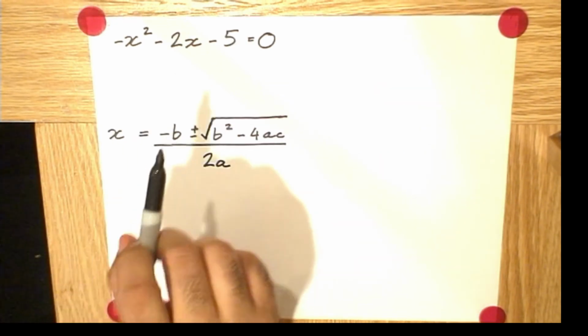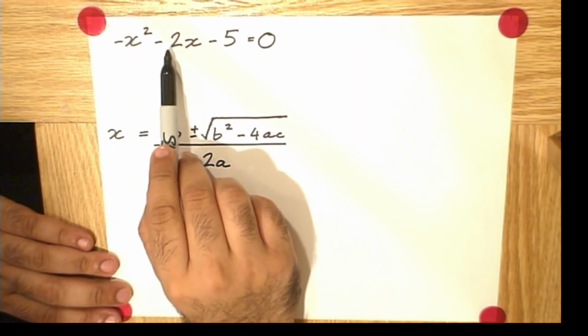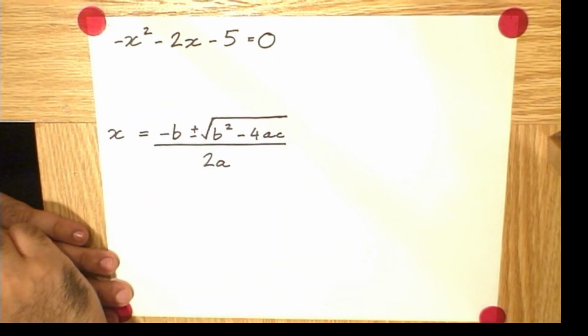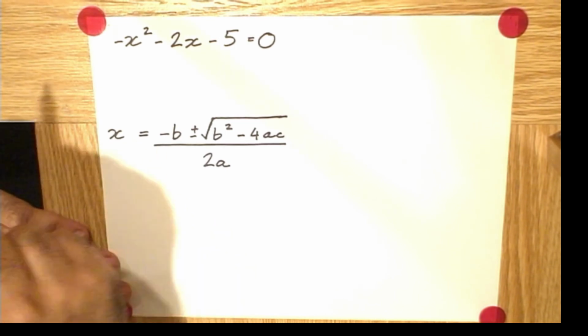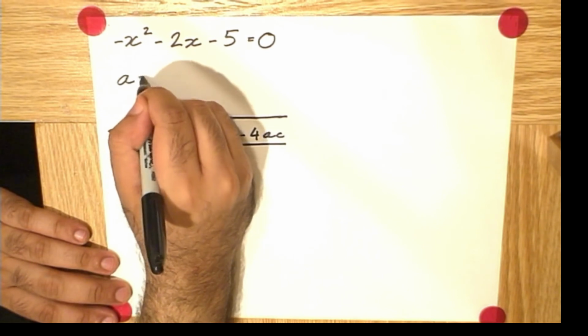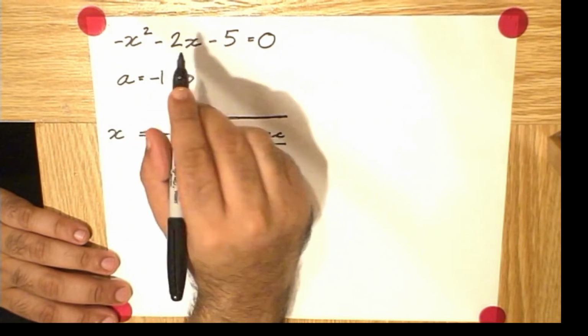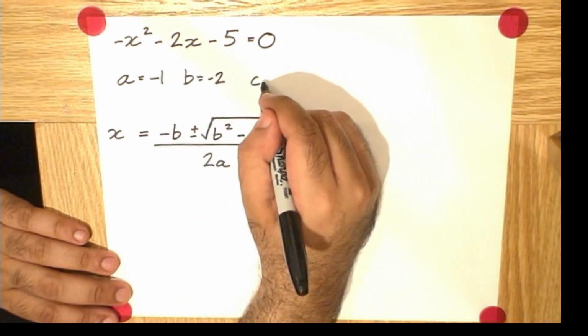Sometimes a humble-looking quadratic equation like this one, -x squared minus 2x minus 5 equals 0, can have a dark secret lurking inside it. Let's try solving this using the quadratic formula. A, the coefficient of x squared is -1, the coefficient of x is -2, and the constant term is -5.